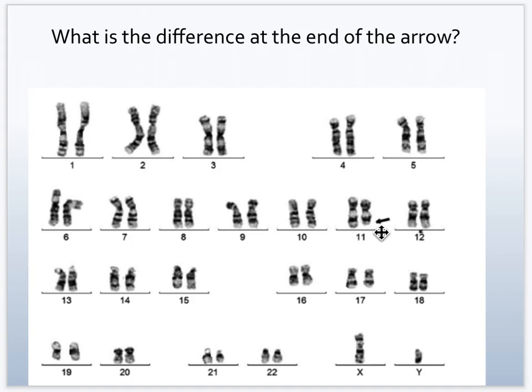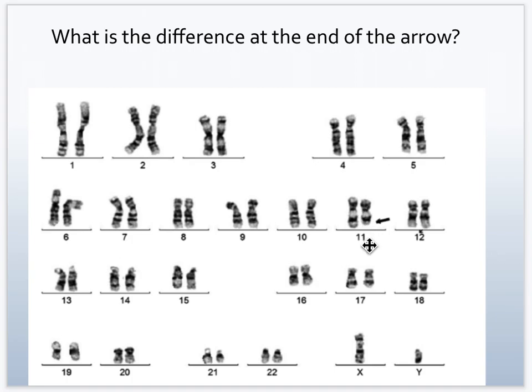But having number 11 be a little bit shorter, this individual has something called Jacobson syndrome. And it's basically the shortening of number 11. The terminal end of this has actually been deleted, and so that's why it's shorter.